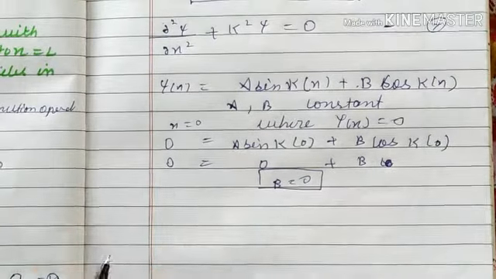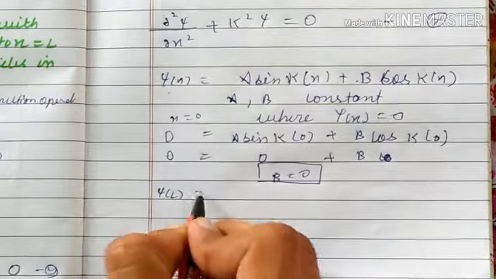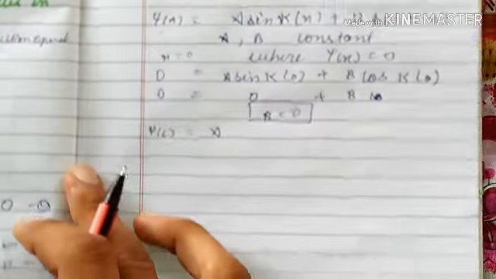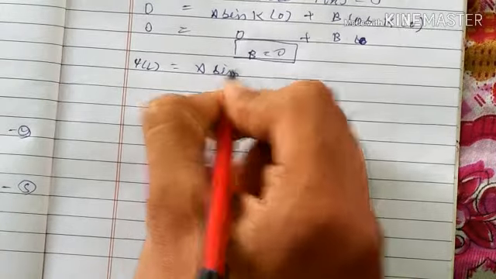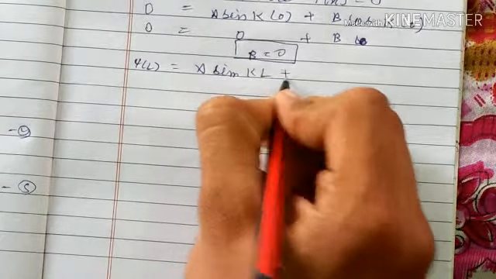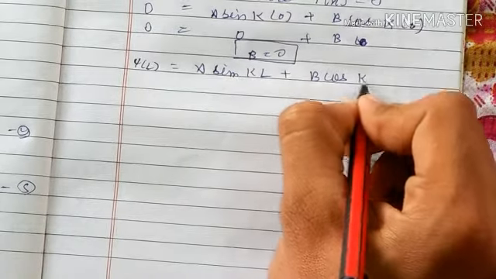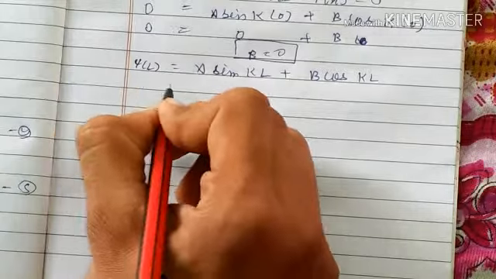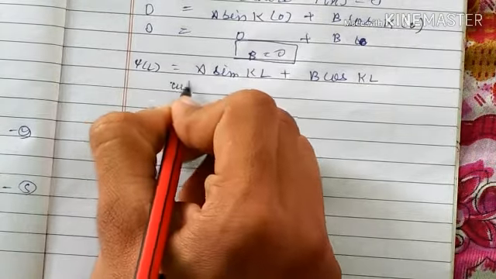And another condition is when x is equal to L, psi L is equal to A sin kL plus B cos kL, where A and B are arbitrary constants.